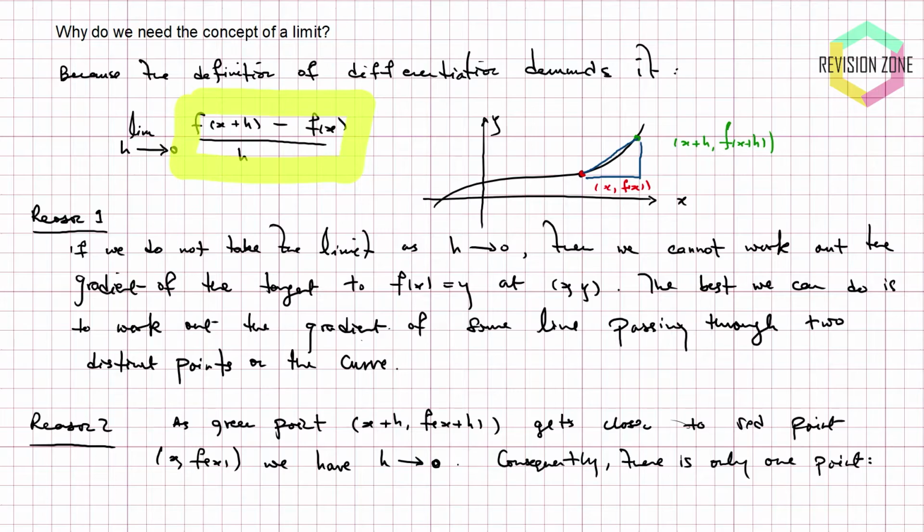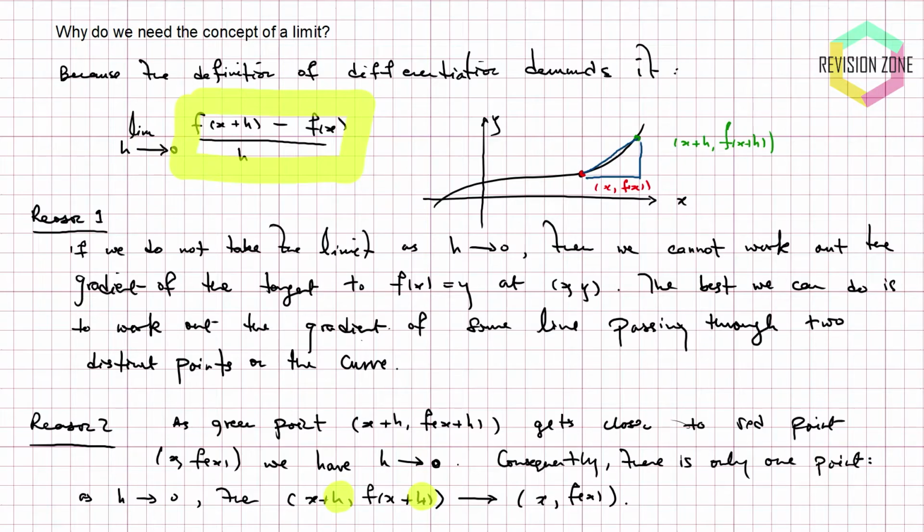What I mean by that is as h gets closer to zero, then x plus h, f of x plus h actually gets closer to just x, f of x, right? Because the h is going to become so small, effectively zero, that it's going to disappear from there. And when it disappears, the point you get is just x, f of x.